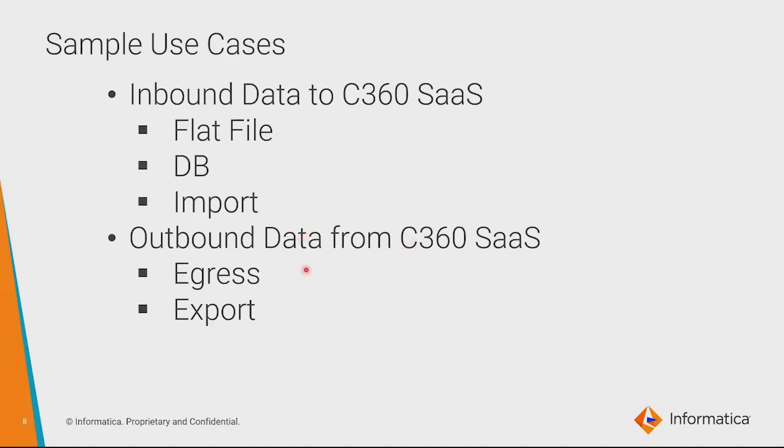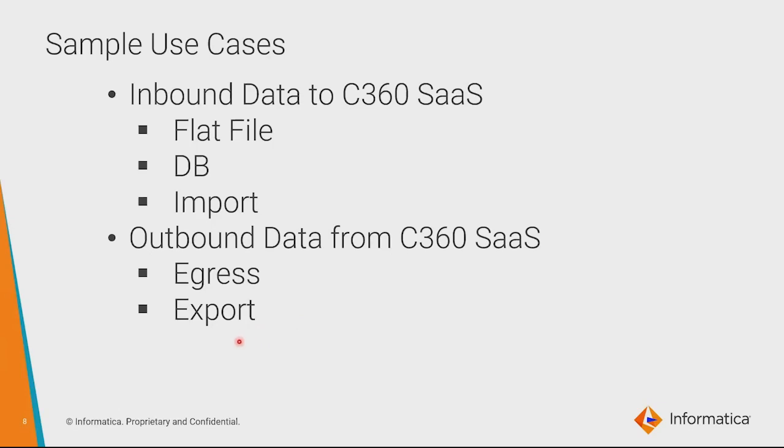On the outbound side, we are going to do the egress or the regular file extract, like a mapping that is extracting the data in batch mode from the C360 SaaS application into your outbound or consuming applications. We'll also take a look at the export capabilities that are available from the C360 application.